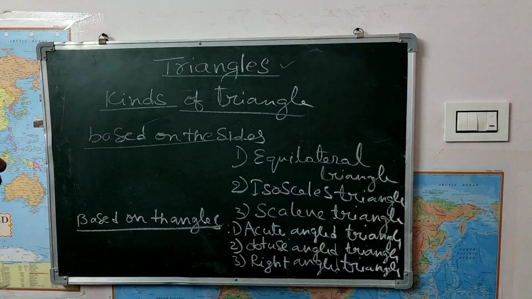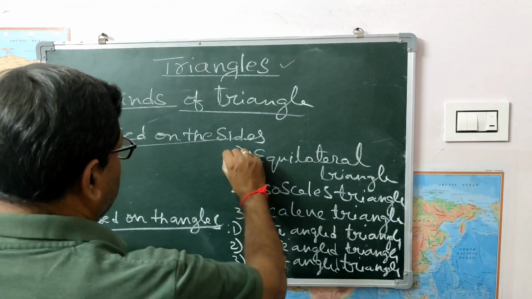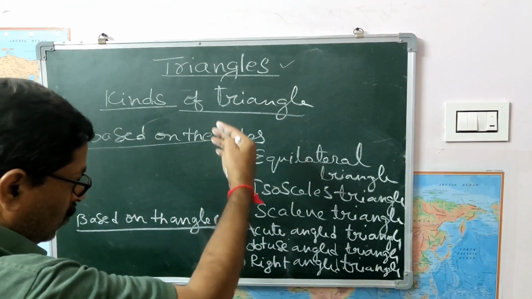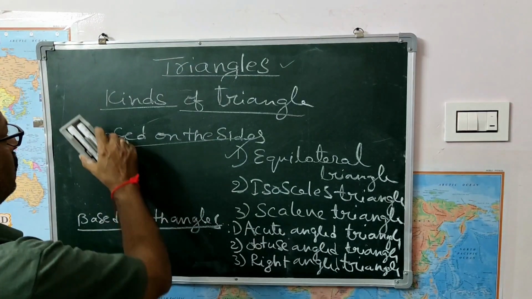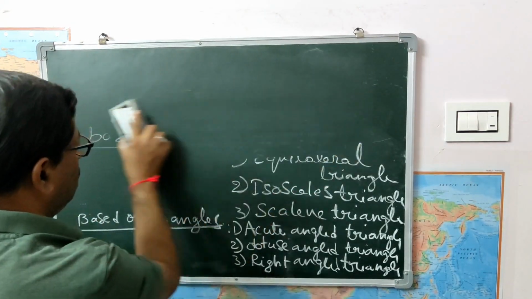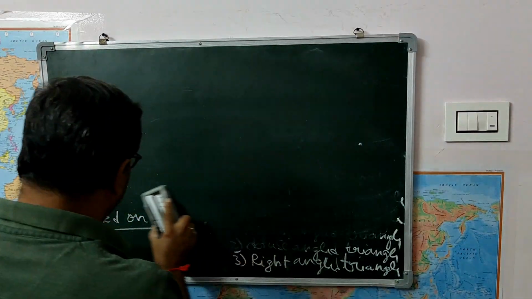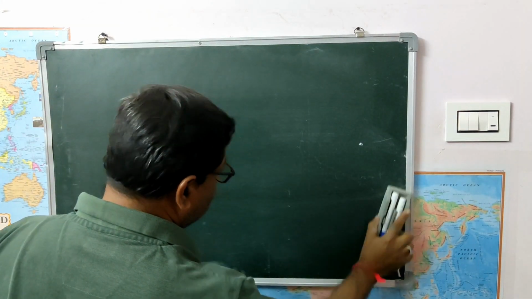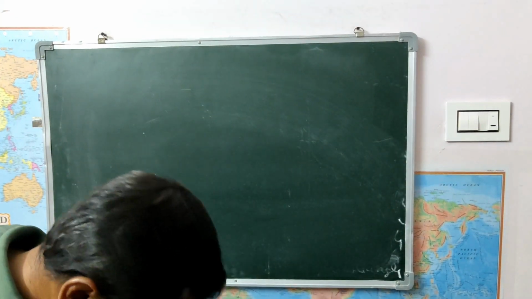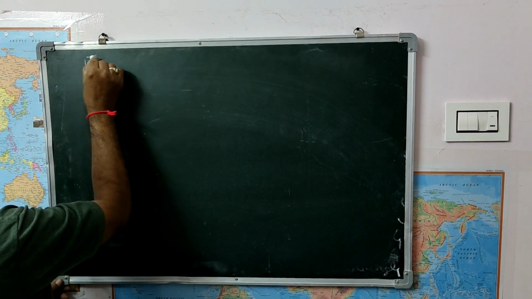Okay. Now let us take the equilateral triangle. Let us discuss the properties of all these in detail. First, let us take the equilateral triangle.